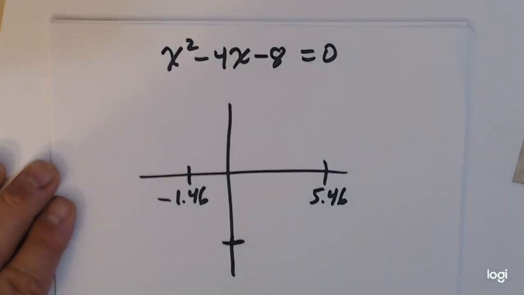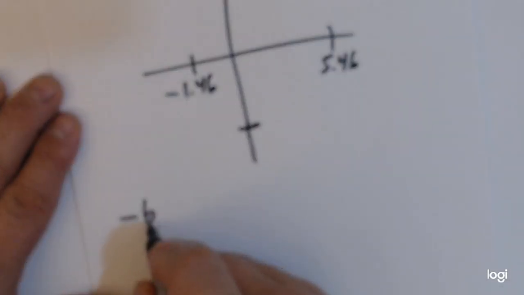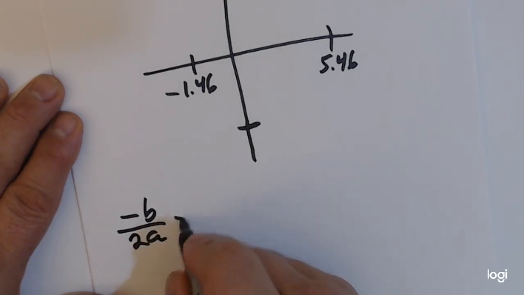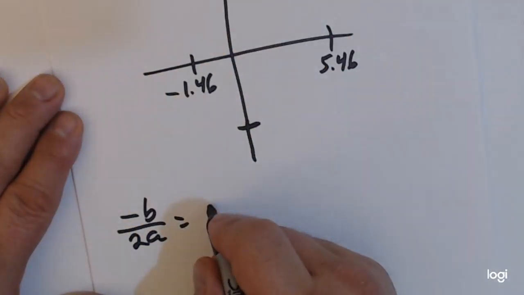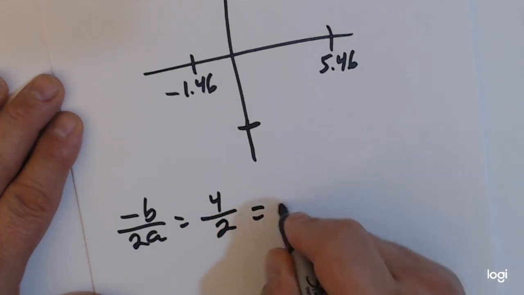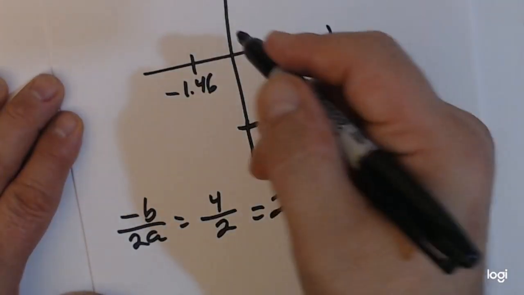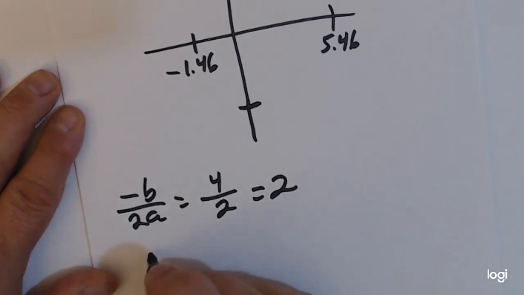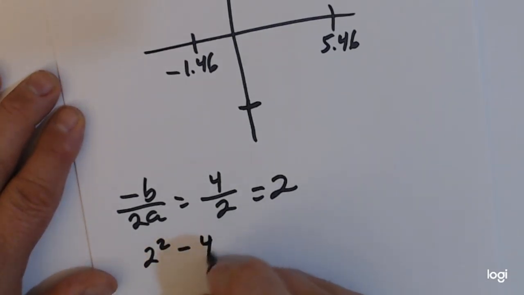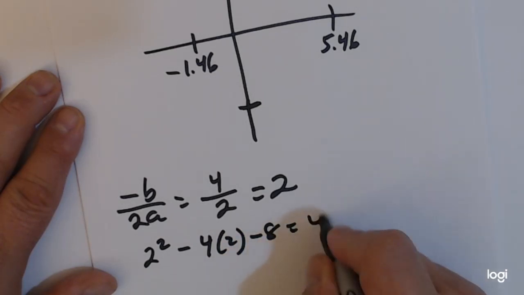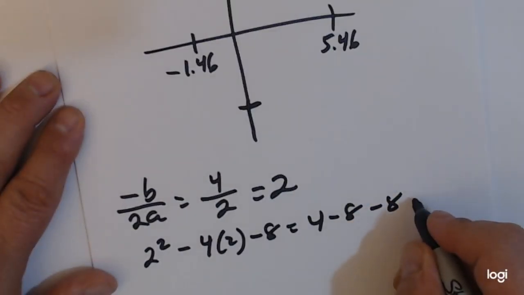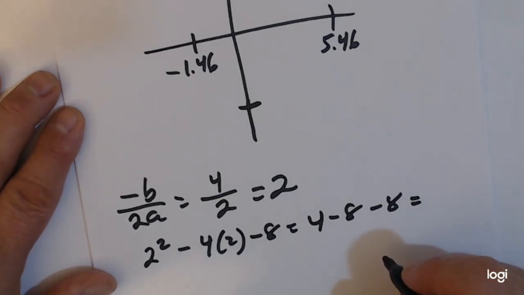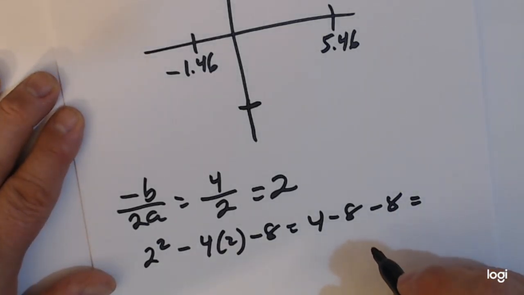So we're going to take -b over 2a, which should be -4, which should be 4 over 2, which is 2. And if we plug 2 back into the original equation, we get 2 squared minus 4 times 2 minus 8, which would be 4 minus 8 minus 8, which should be negative 4 minus 8, which should be negative 4. 4 minus 8 is, what did I do here?